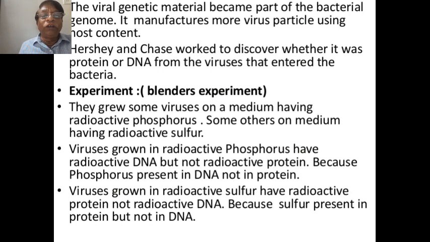You know, phosphorus is present only in DNA. Some others were grown on a medium having radioactive sulfur. Radioactive sulfur means S35. You know, sulfur is present in the protein but not in the DNA.